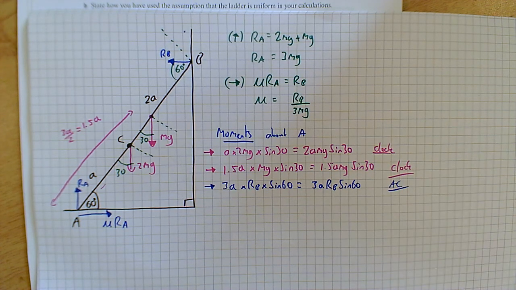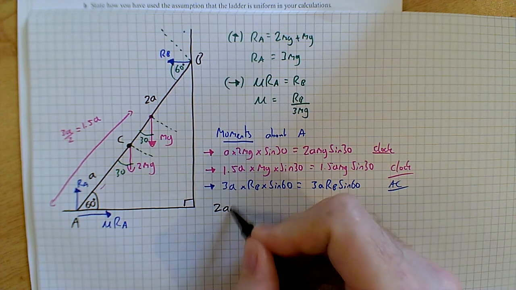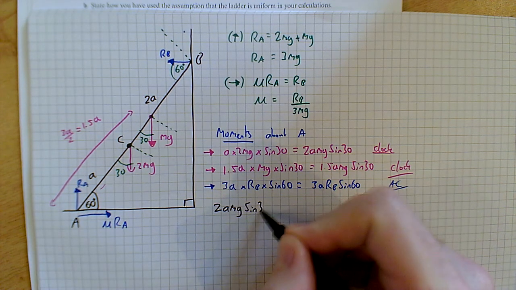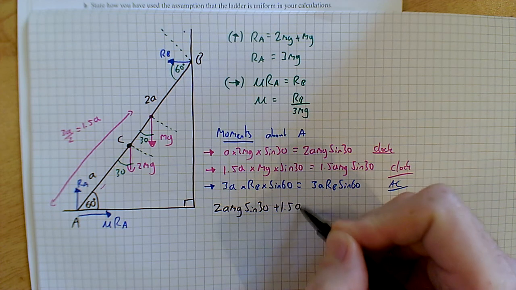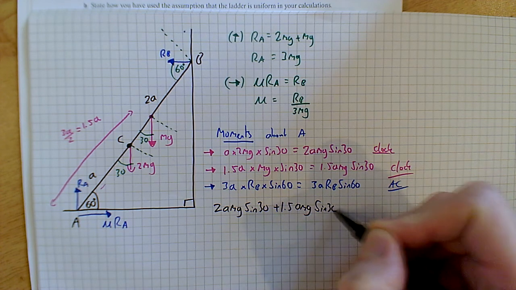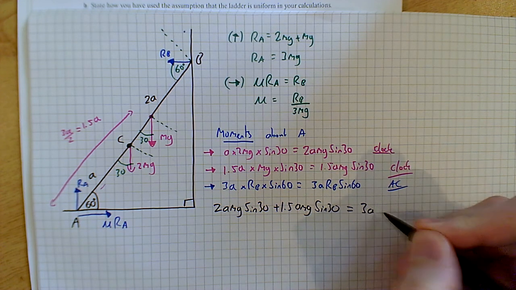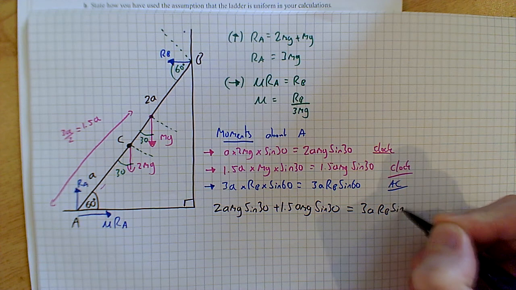So because we're in limiting equilibrium, they have to balance. So we've got 2a mg sine 30 plus 1.5a mg sine 30 equal 3a RB sine 60.